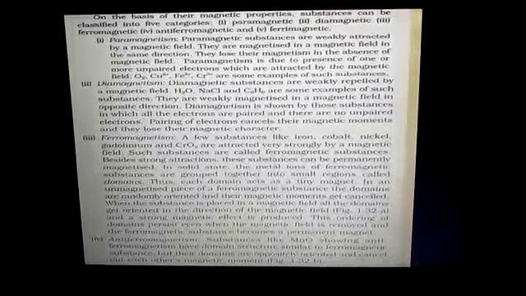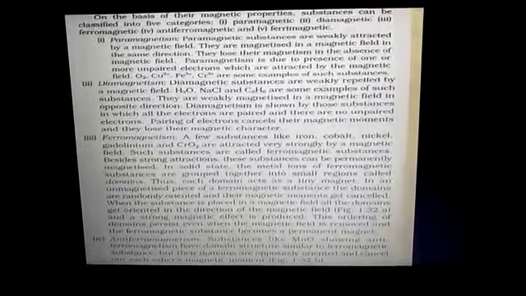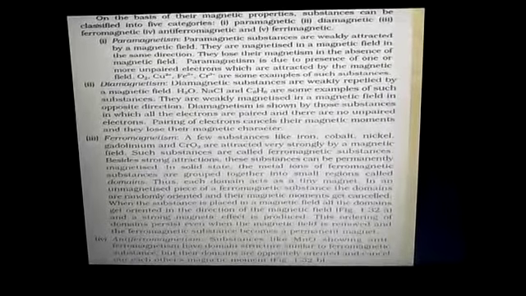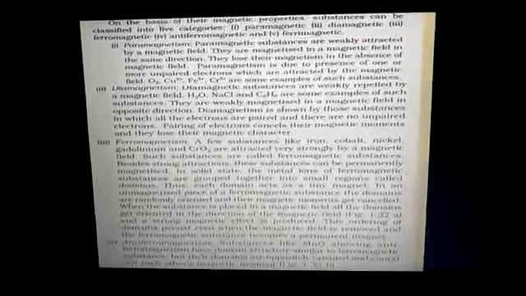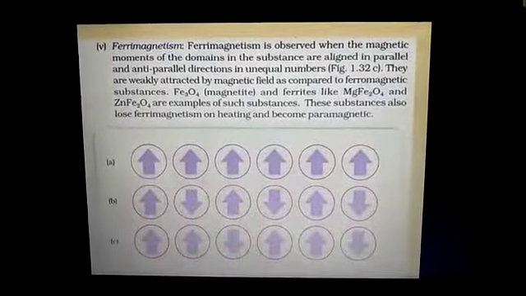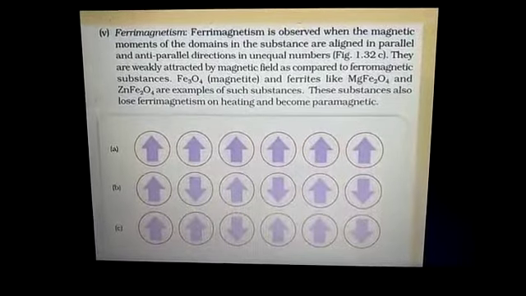Antiferromagnetism is due to the presence of an equal number of domains in opposite directions. Ferrimagnetic substances. The substances which are expected to possess large magnetism on the basis of the magnetic moment of a domain but actually have a small net magnetic moment are called ferrimagnetic substances.